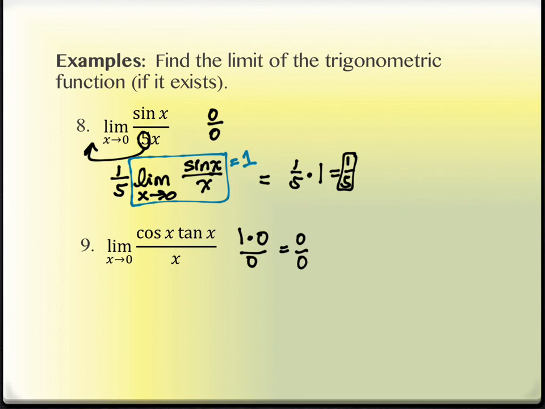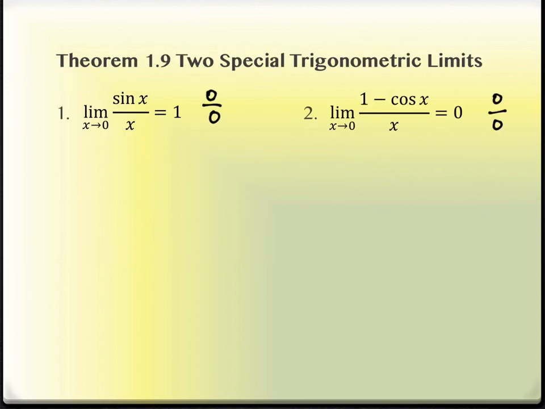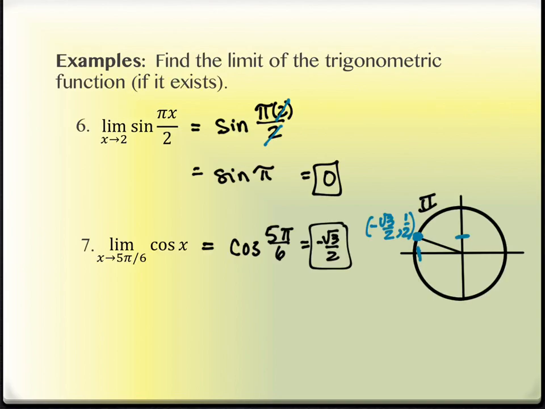But this doesn't really look like either of these special trig limits, correct? It's got a cosine in it, but it's not 1 minus cosine. The first one, it doesn't look like that because there's two pieces, a cosine and a tangent. So what's going on there?